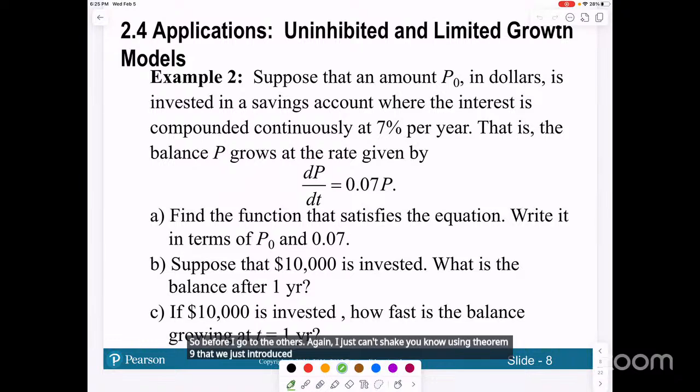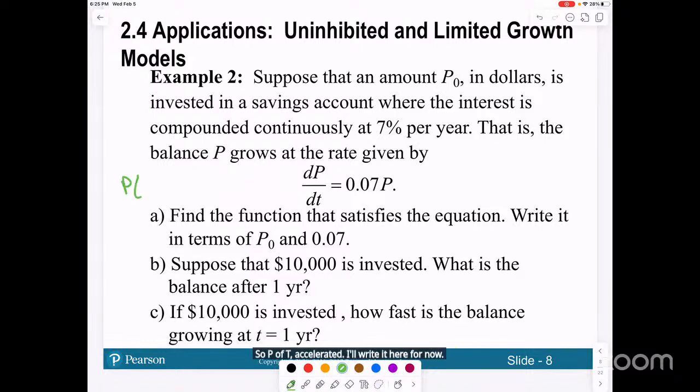Let's see. So P(t) should take on the form P naught times e to the kt, all right? That 0.07 should be our rate. We've got P naught.